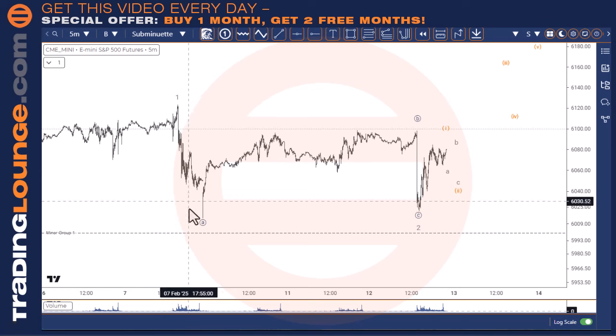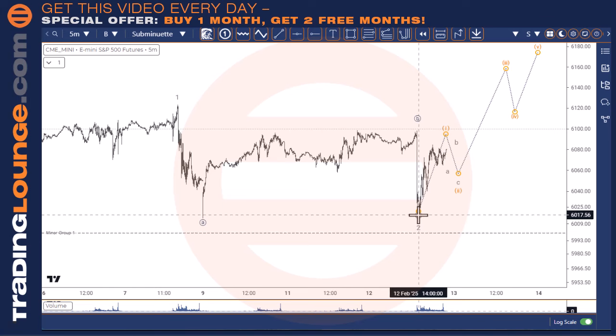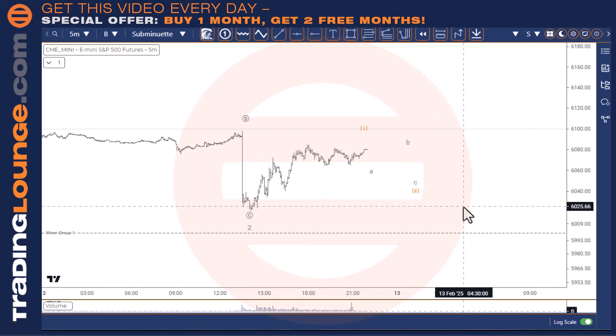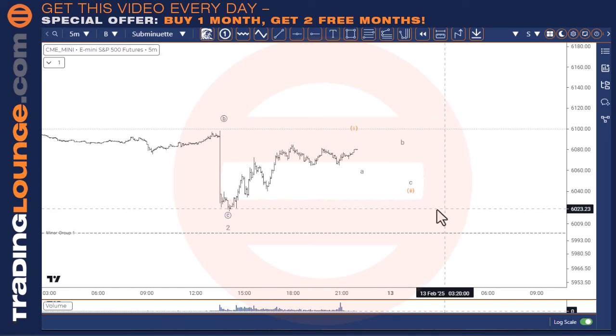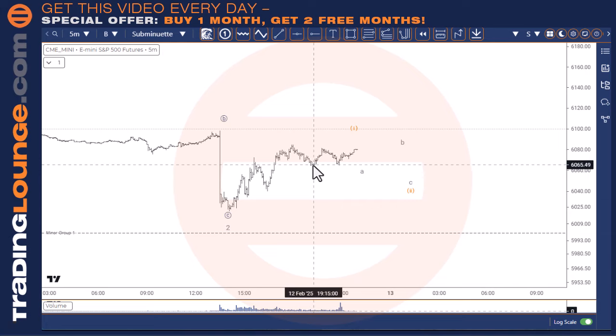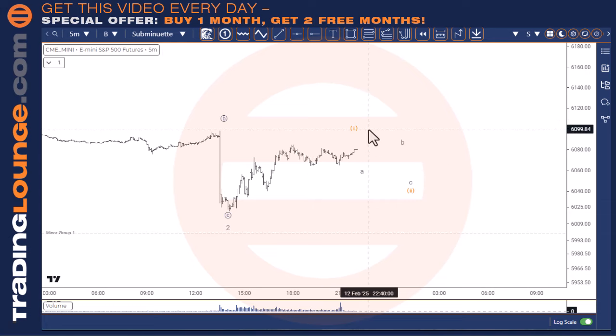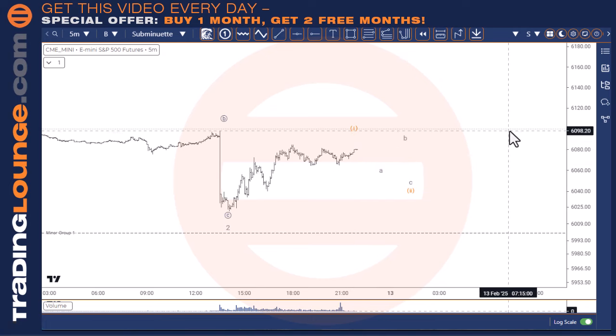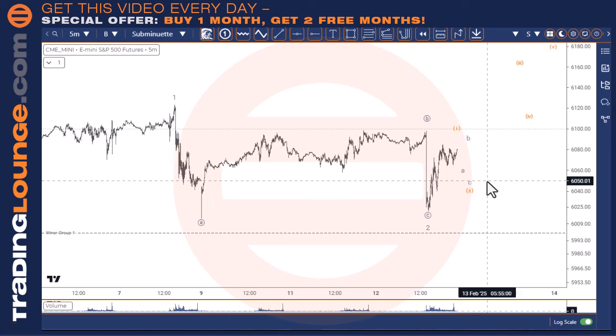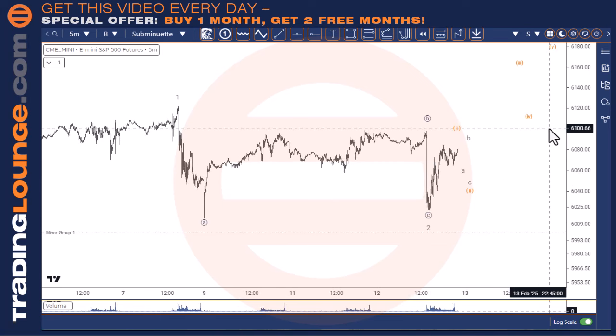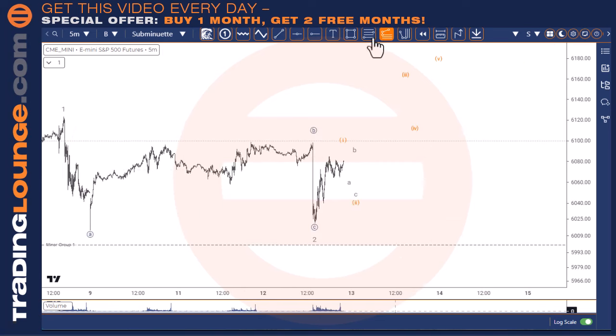We've got the A wave, the ABC for the B wave here, and we want to get 5 waves up here. So we don't have 5 waves up here. We've got this here at the moment, so we need to get one more up here than the ABC pattern. So we'll talk about that a little bit later. But what you're really looking for is this 6,100 here. You're looking for a little classic trading levels pattern.